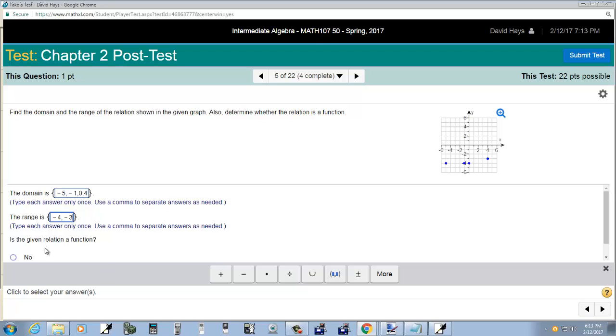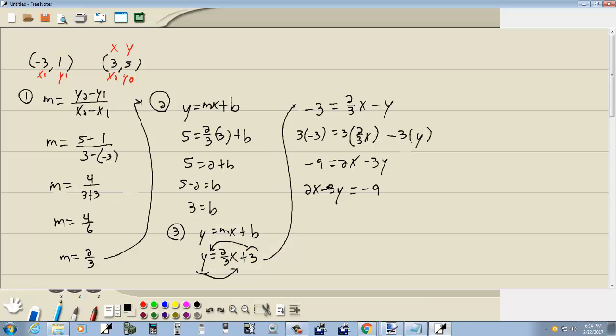Is the given relation a function? That says for each x value there's only one y value. So for this particular point, there's only one y value for this x value, and same with this one. How could you tell if there wasn't? Let me draw a picture.